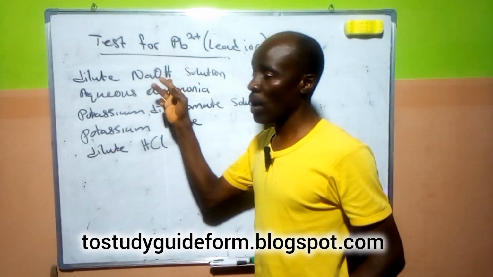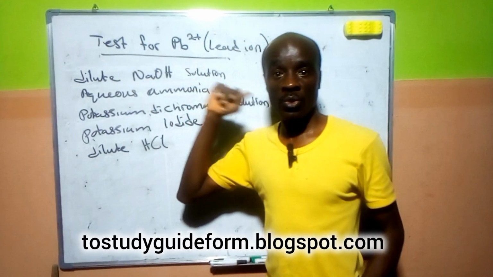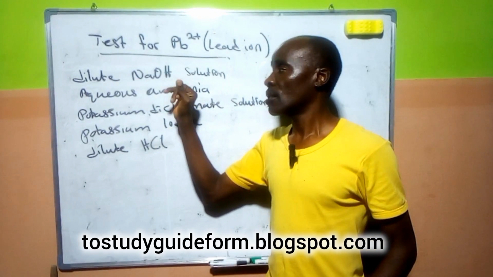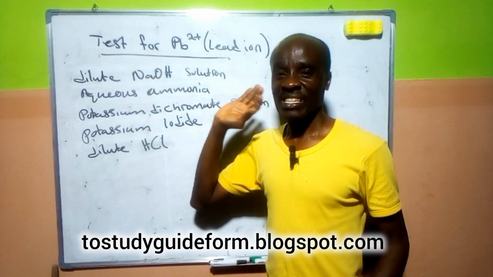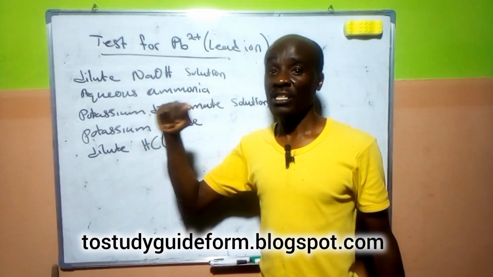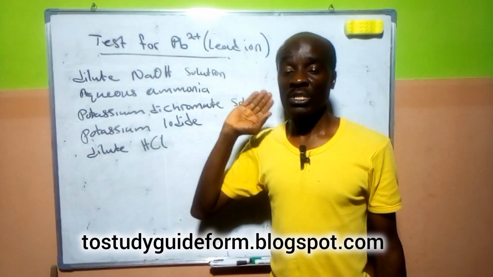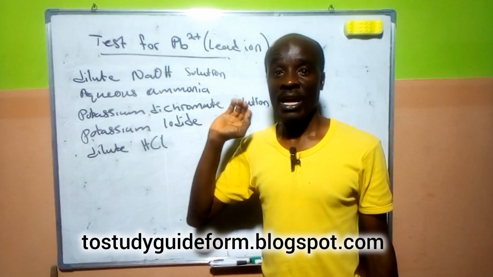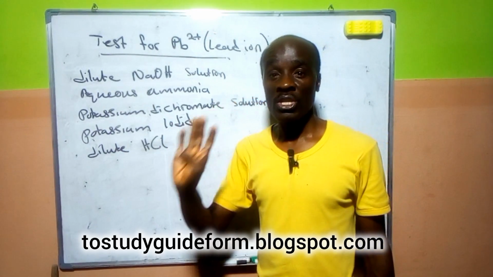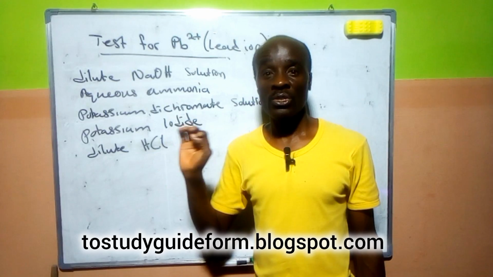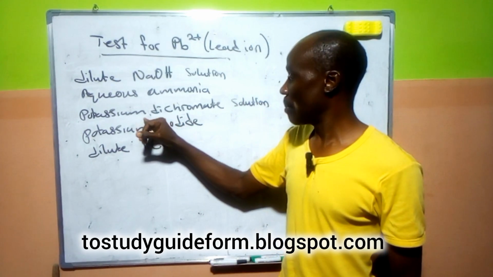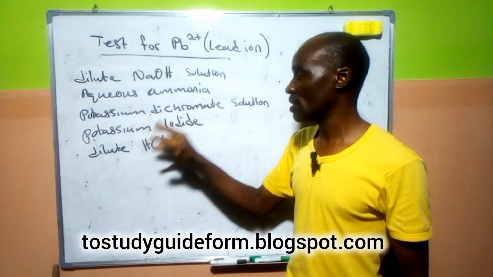Lead gives you a white precipitate with sodium hydroxide, which is insoluble in drops but soluble in excess. With aqueous ammonia, it gives you a precipitate which is insoluble in drops and also insoluble in excess. With potassium iodide, it gives you a yellow precipitate, which confirms the presence of lead ion. With potassium dichromate, yellow precipitate.